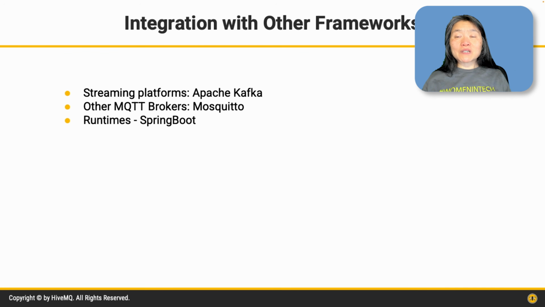We can also integrate with other MQTT brokers. You can build a pipeline, talk to another broker, for example Eclipse Mosquitto, and streaming platforms like Apache Kafka. You can have MQTT be the front end in your flow pipeline, collecting all the data from your devices and sending it over to Kafka for heavier-duty enterprise processing.